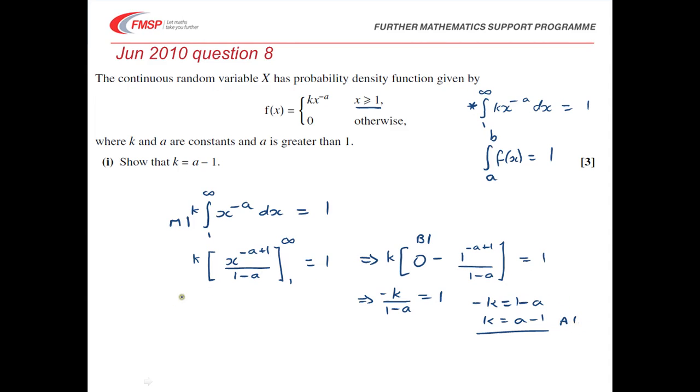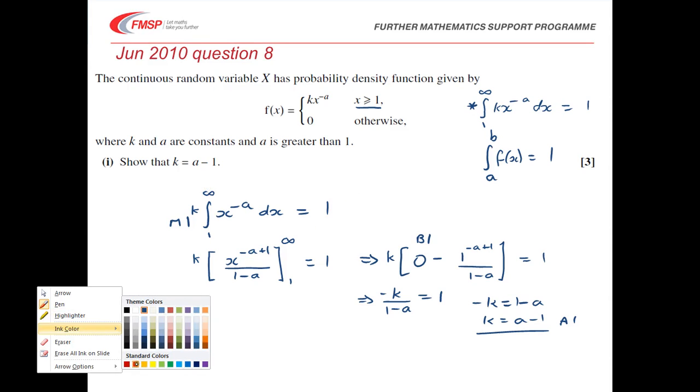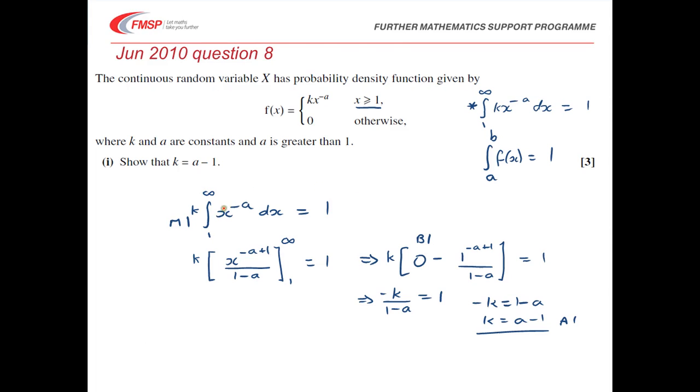Now, if you are wanting to do this in a more correct way, you have to realize that the integral changes here. Let me do it in a different color so you can see. It all depends on how you've been taught this, but a more correct way of doing it would be to realize that it's the limit as t tends to infinity of the integral from 1 to t of x to the minus a dx.